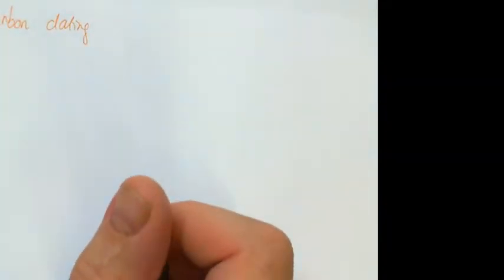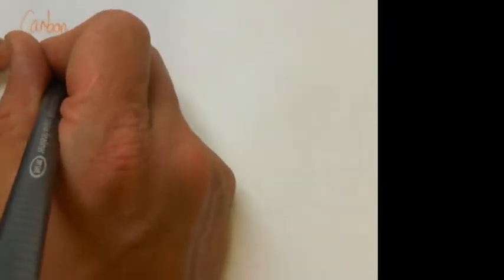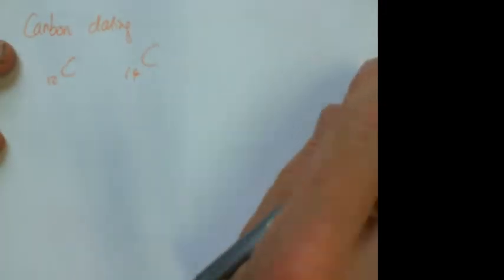Okay, so let's give the example of carbon dating. Carbon comes in 2 major forms. You've got your normal carbon-12, which isn't radioactive, and you've got carbon-14, which is radioactive.